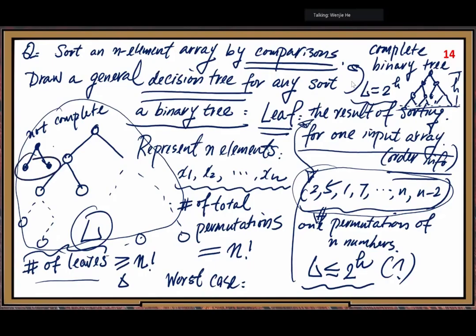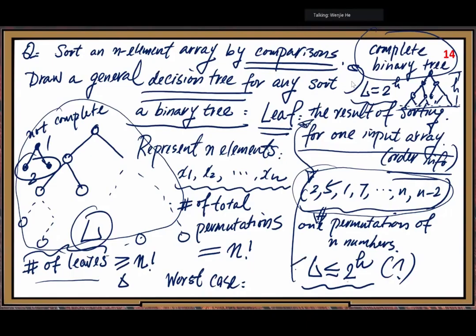Before the split you have 1 leaf, after the split you have 2 leaves. That means when you do as many splits as possible, you grow the number of leaves. The complete binary tree has the maximum number of splits. That means that's the largest possible number of leaves you can have, which is 2 to the h.